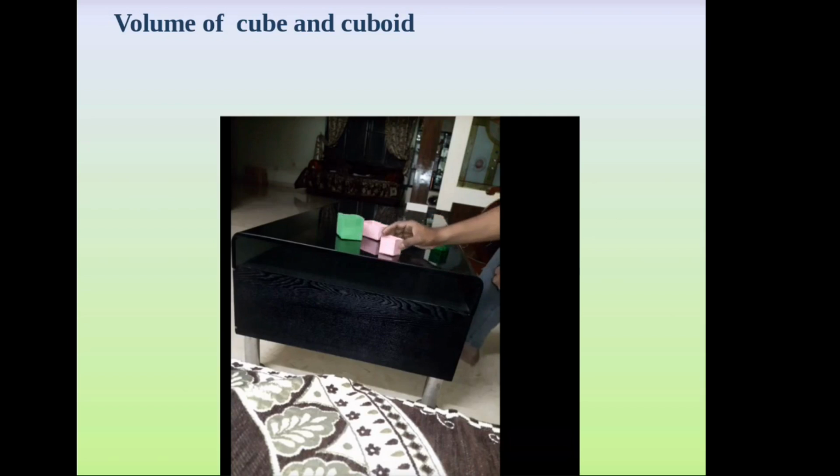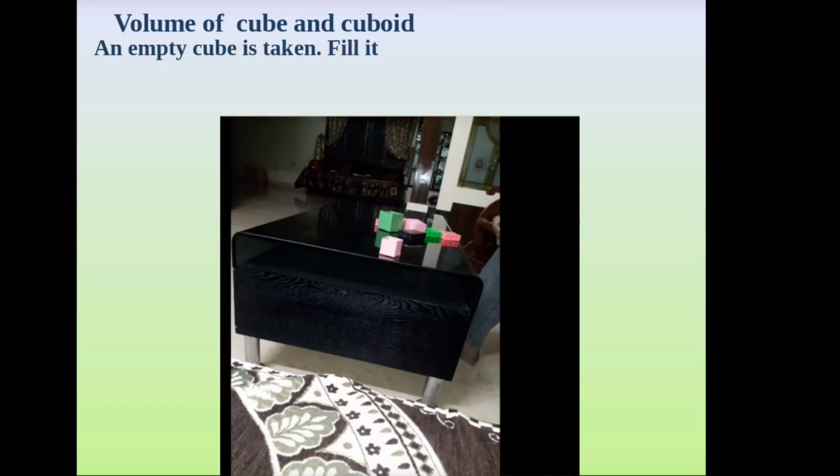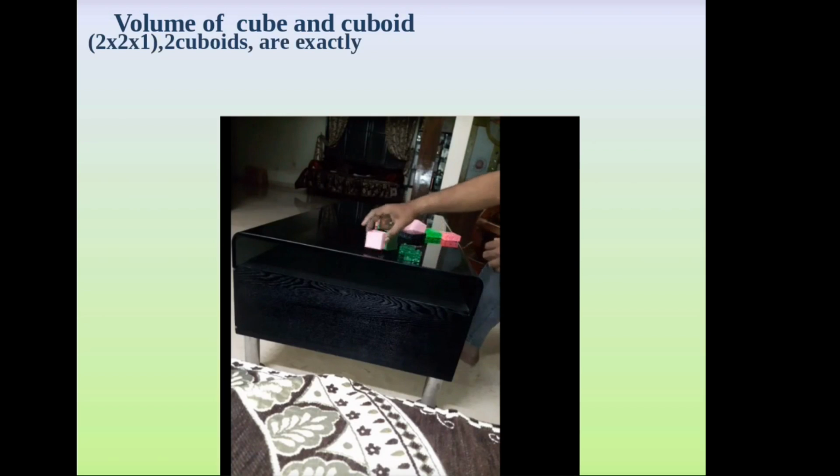2 into 2 into 1 cubes. An empty cube is taken; fill it with unit cubes, that is 1 into 1 into 1 sized. Now that is a 2 into 2 into 1 block. 2 cuboids of 2 into 2 into 1 blocks are fitted inside the empty cube.